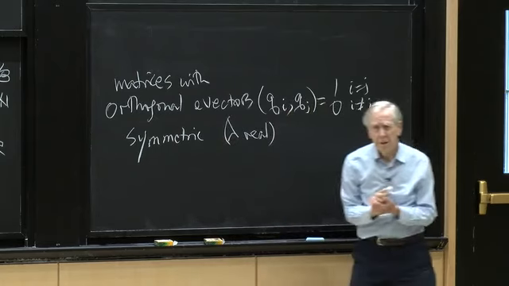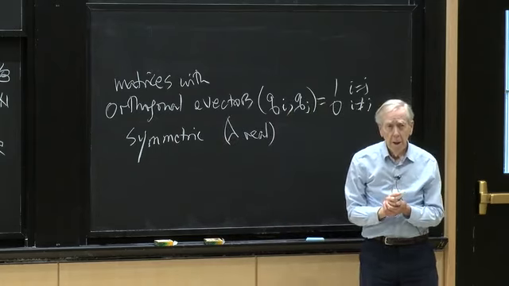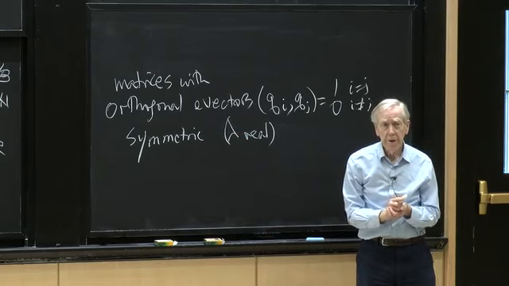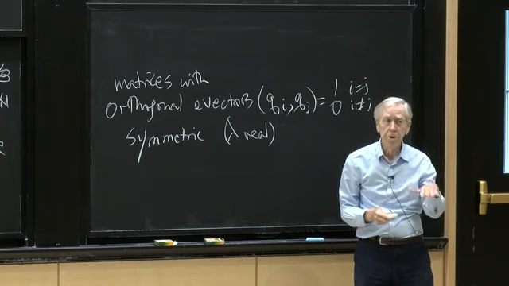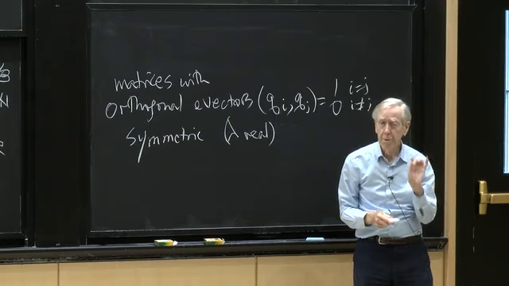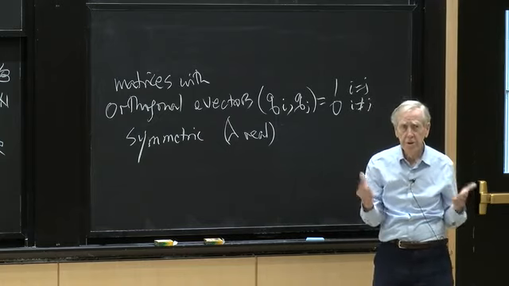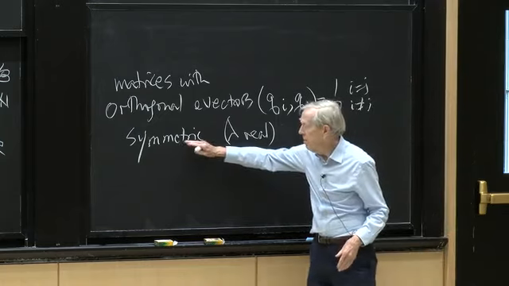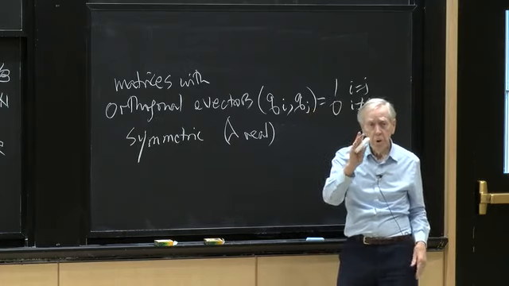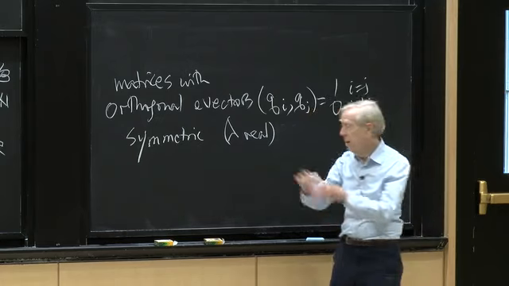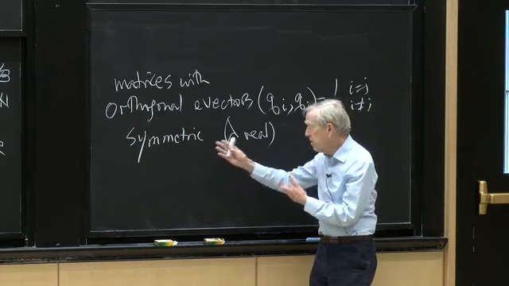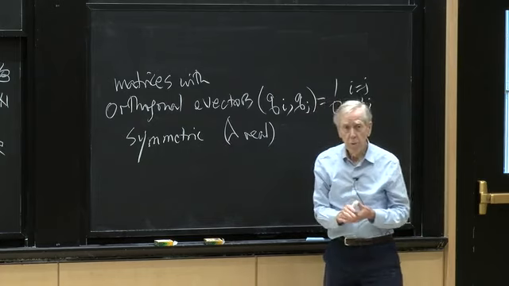But there are other matrices that have orthogonal eigenvectors, and we really should know the whole story about those. They're too important not to know. So these symmetric matrices have orthogonal eigenvectors, and if real symmetric, then the eigenvalues will be real.